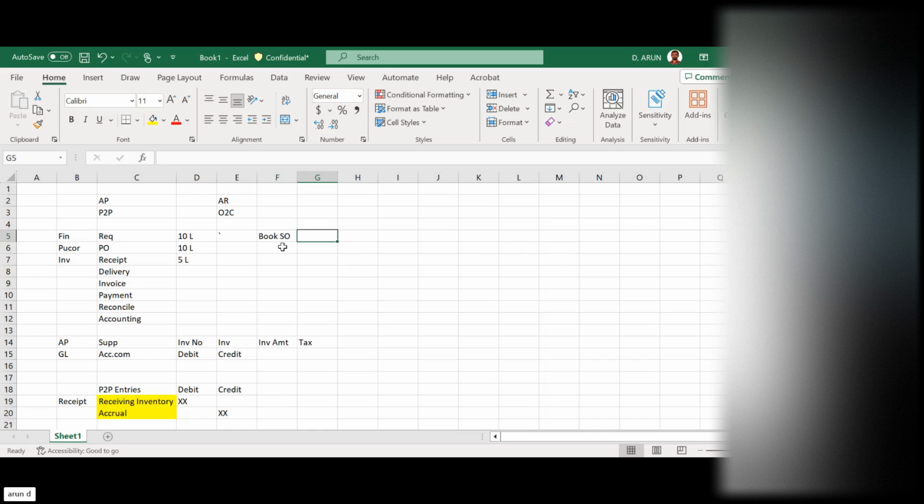We will capture the item, the customer, the pricing, and the discounts if we have any such. We will capture that information, and then we'll check for the item quantity or inventory, and we will book the order. Okay. So now let's say I am selling chocolates, in the quantity of 1,000 units. Okay. So now the sales order is booked.